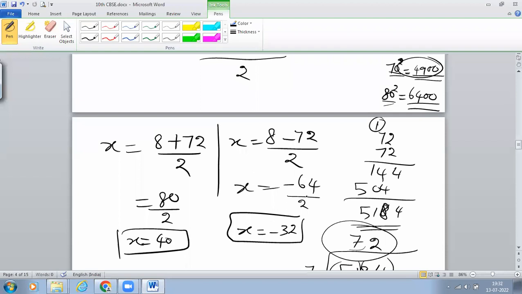But we all know we have taken this x to denote what? The speed of the train. Am I right or wrong? Yes, x denotes the speed of the train.